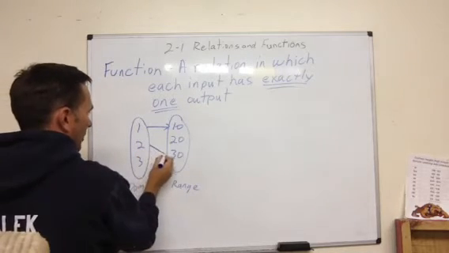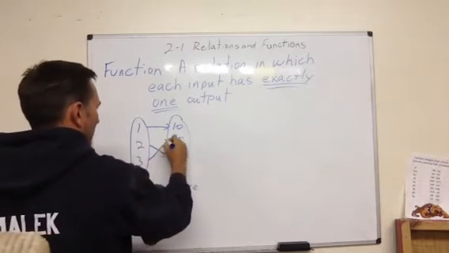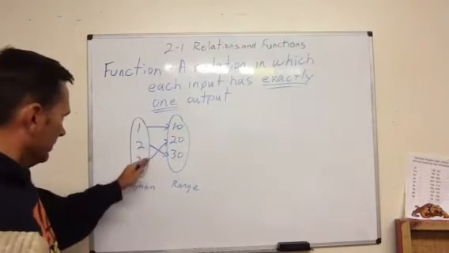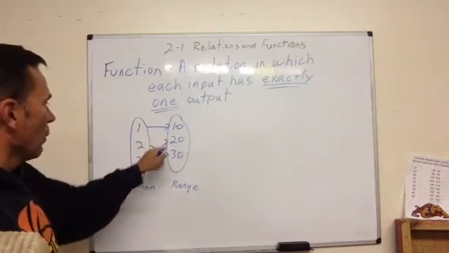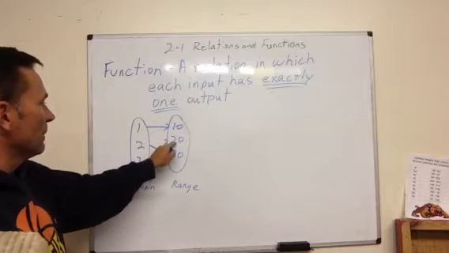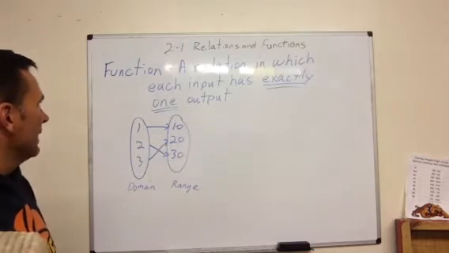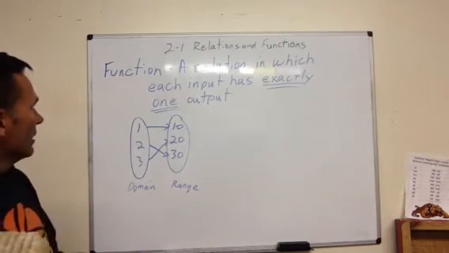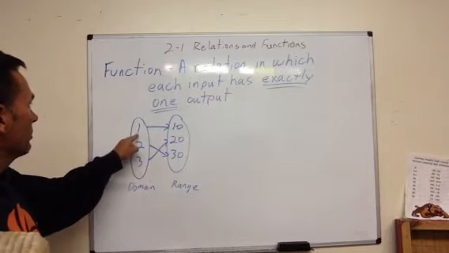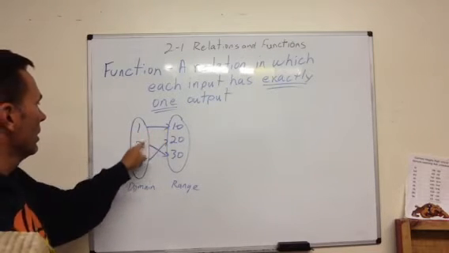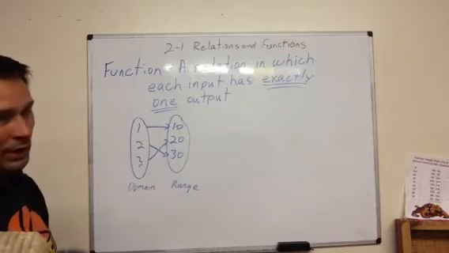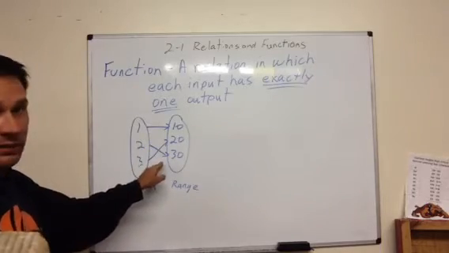We put 2 in our function, we get 30. 3, we get 20. The arrows dictate the input followed by the output. Now, we ask ourselves, does each input only have one output? One arrow here, one arrow there, one arrow there. This is a function.